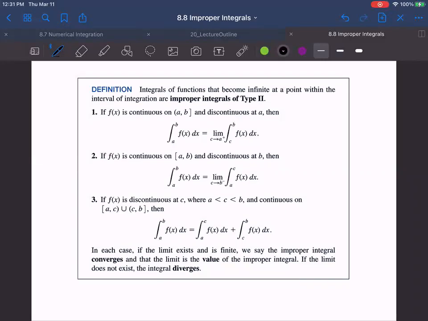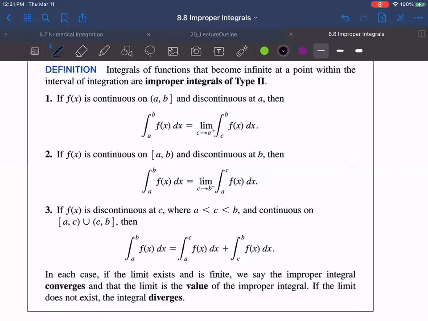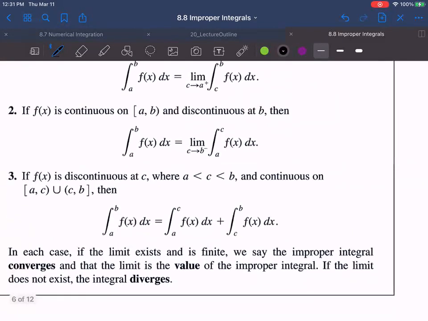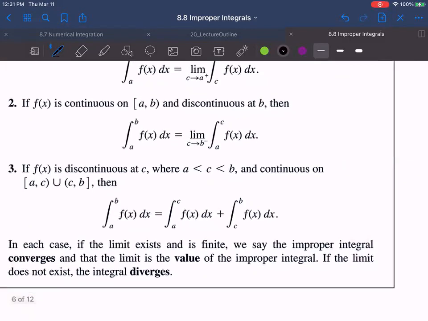And then if it's the other way around, if we're getting a vertical asymptote in the upper limit of integration, then we're going from a to b, and we're taking the limit as b goes from the minus side. All right, you see that? One is plus side, one is minus side. And then the third one is if it's discontinuous at c, where c is between a and b, then we're essentially going to split it into one that goes to c from the left and one that goes to c from the right.